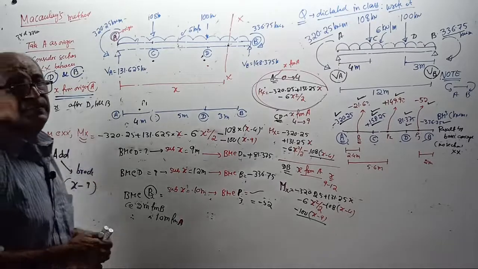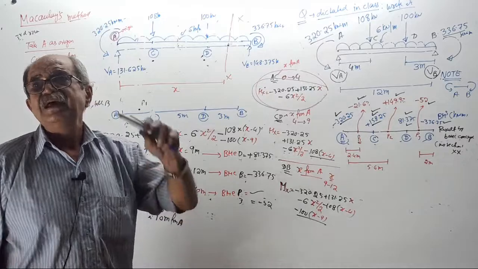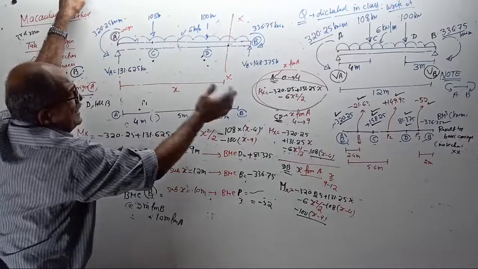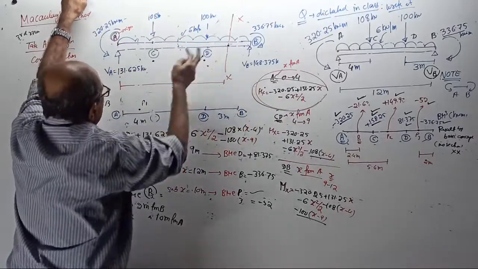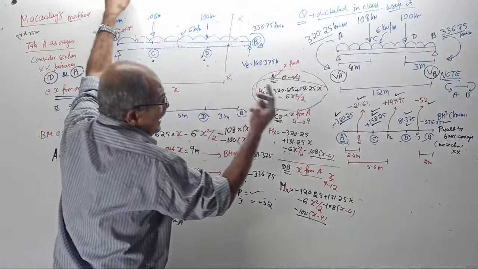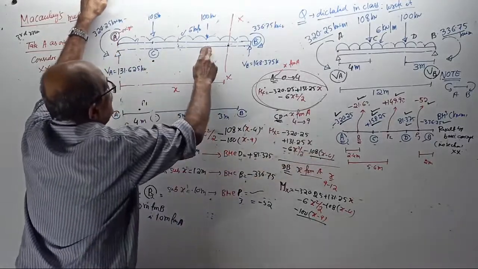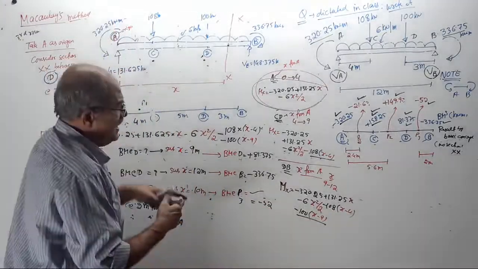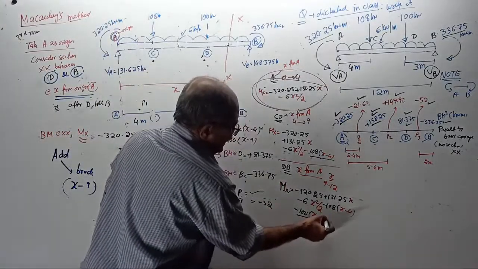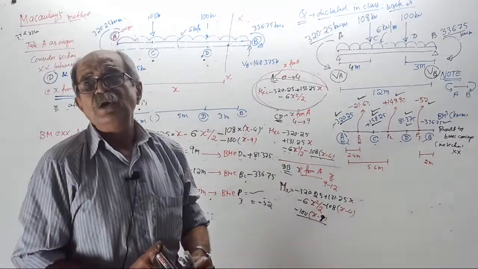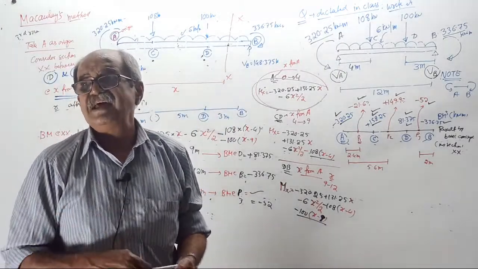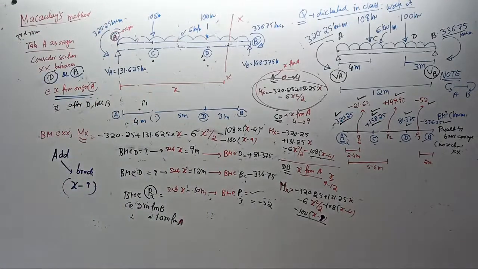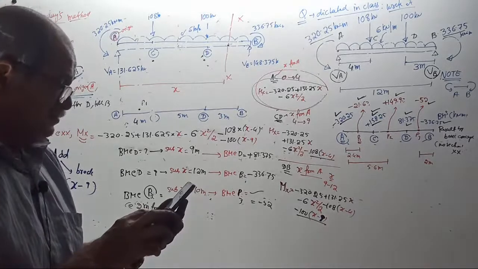That something is always the previous limit. From A to C there is no bracket. After C, after 4 meter, the extra bracket is x minus 4. After D, the extra bracket is x minus 9, with x minus 4 already there. The bracket term will be x minus the previous distance. Tell me, fully crystal clear or not? Fast, I want.